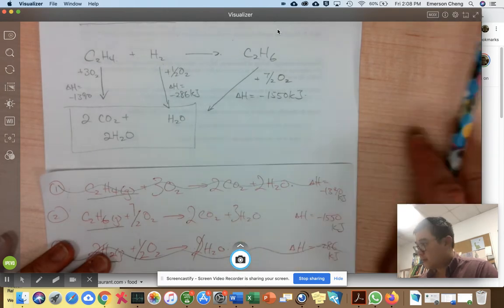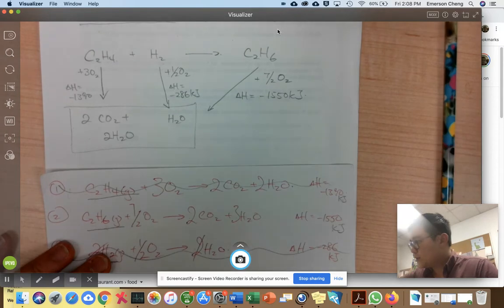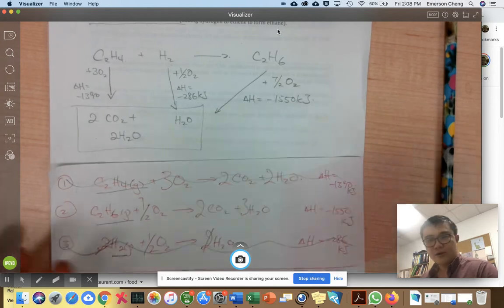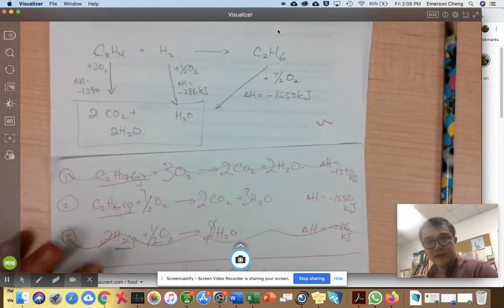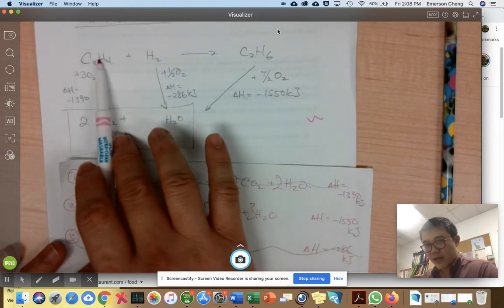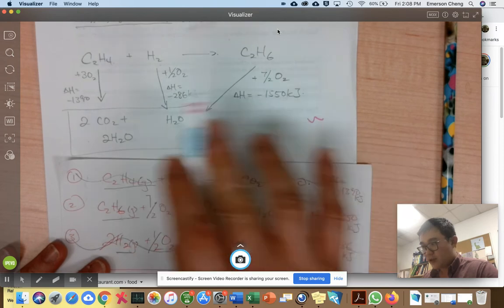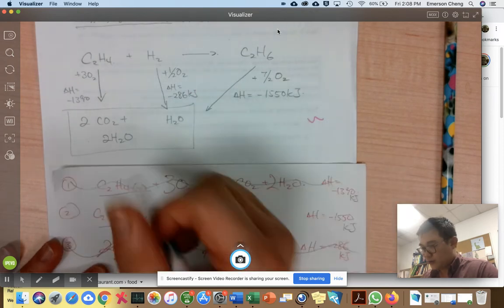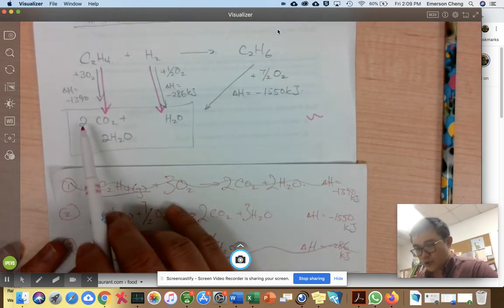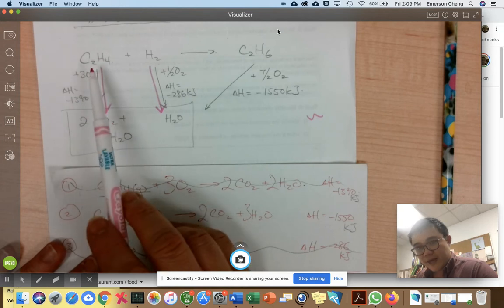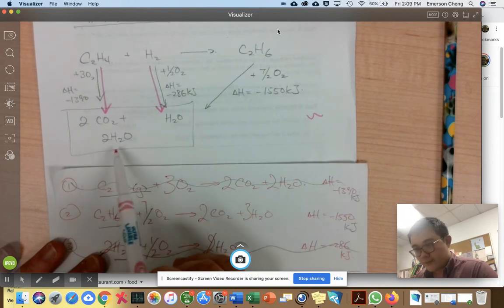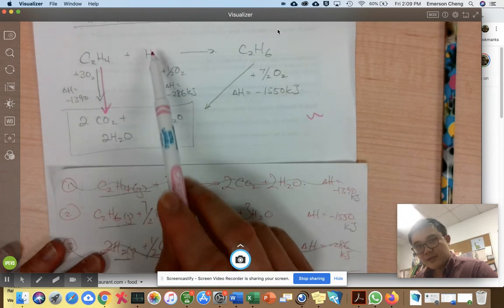Now, what you end up doing is this. Yellow is always horrible in terms of highlighters. You want to find the reaction enthalpy going this way, but you cannot do it directly. So you'll go this way, because if you go through this path, you have 2 carbon dioxide, 2 water molecules, plus 1 other molecule.